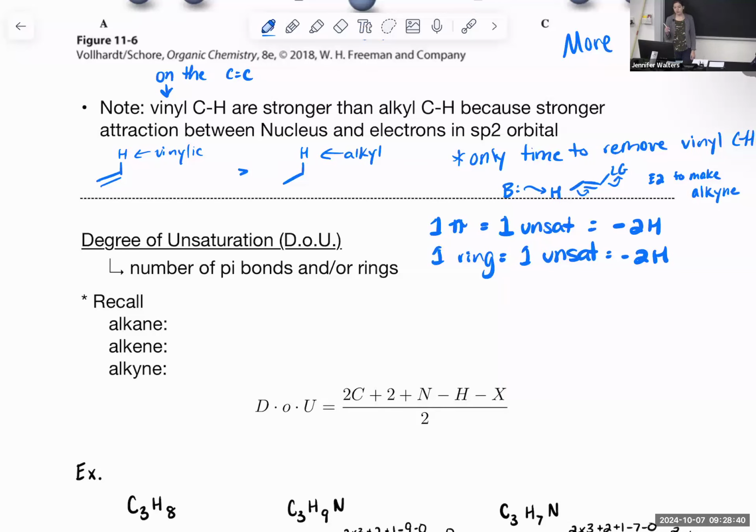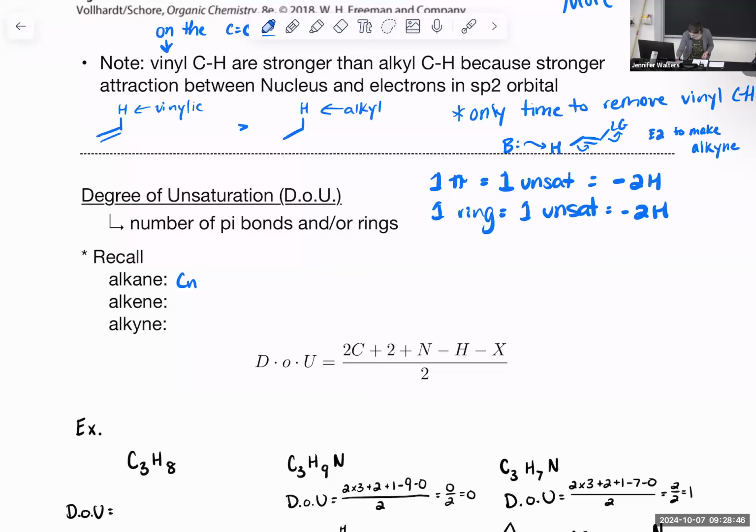So our general formula for our alkanes, just straight chain alkanes, was CnH2n plus 2. That was the general molecular formula for an alkane. When you get to an alkene, assuming the alkene has only one pi bond, you lose two hydrogens.